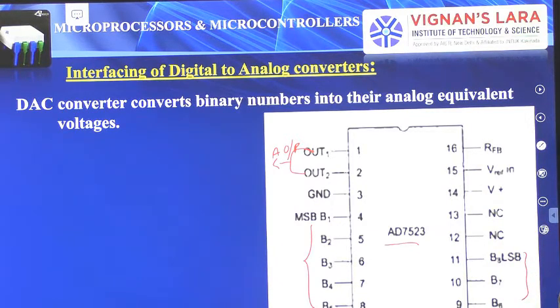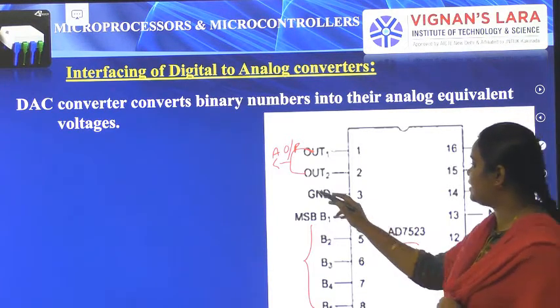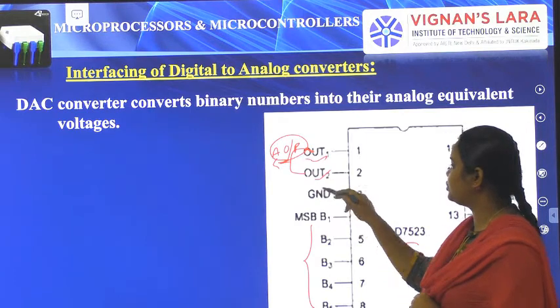That means we have 8-bit binary inputs, that is, a digital input. Finally we get an analog output from output 1 and output 2.